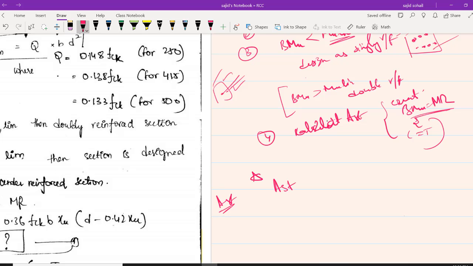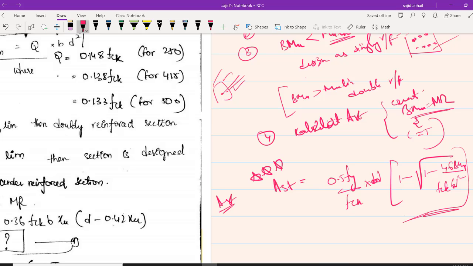Give it 5 stars. AST is equal to, please write down, 0.5 FCK by FY into BD into 1 minus under root 1 minus 4.6 BMU divided by FCK BD square.